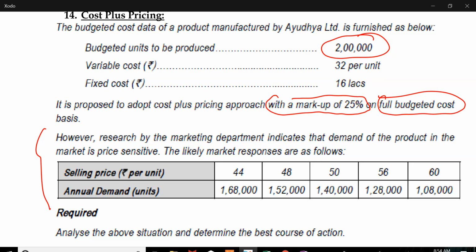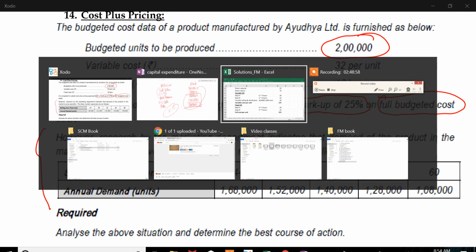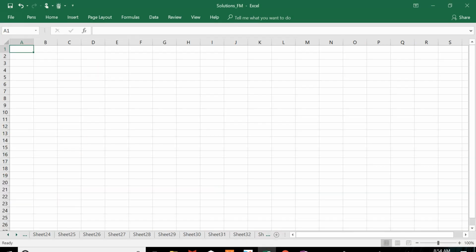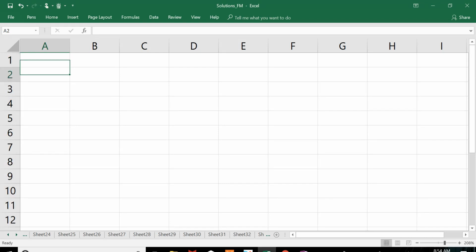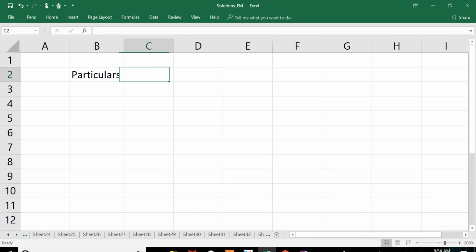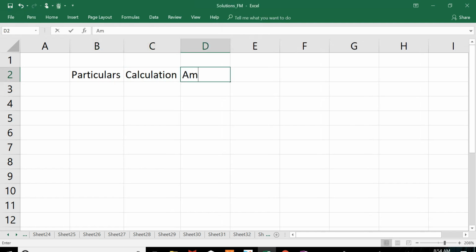Working note 1, calculation of budgeted price. Particulars, calculation, amount.